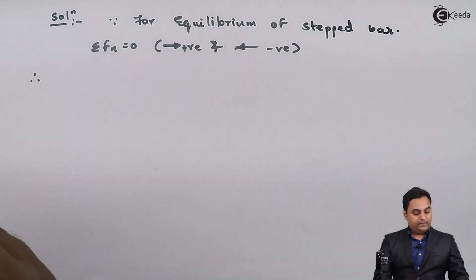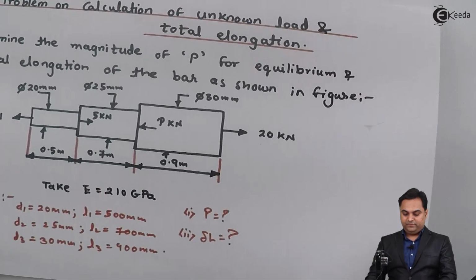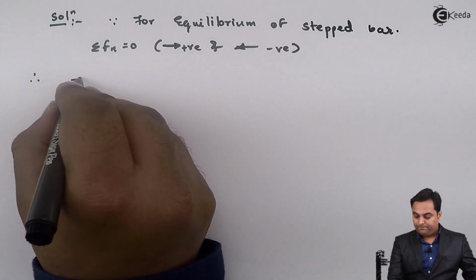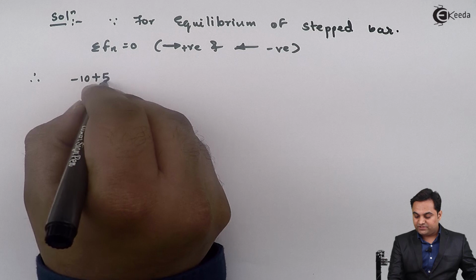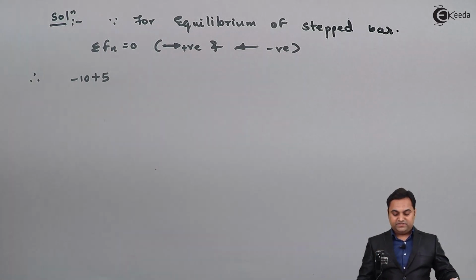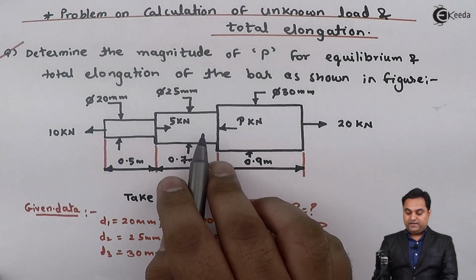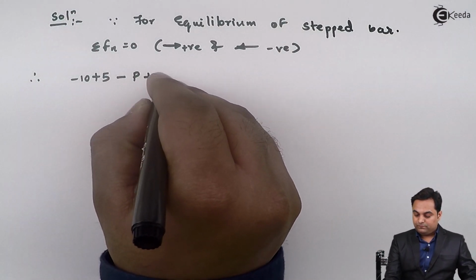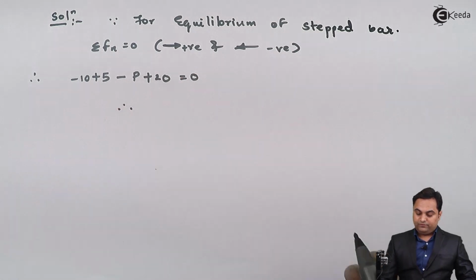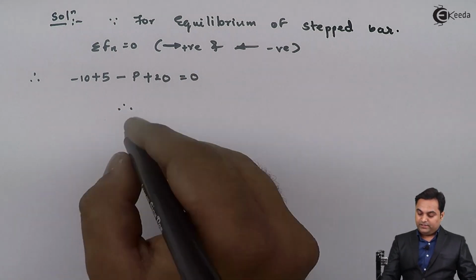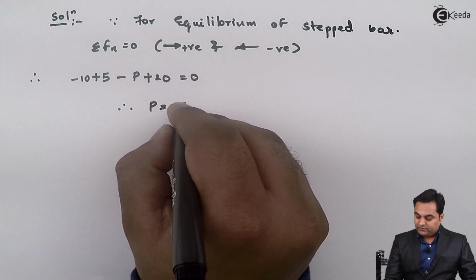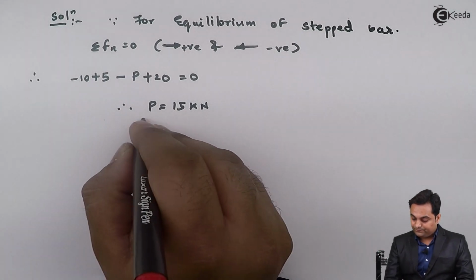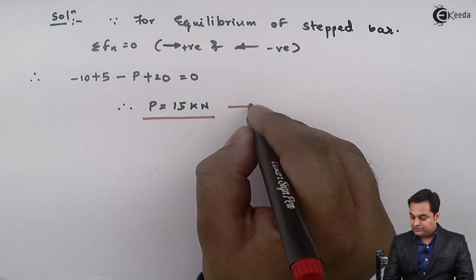So if we look into the diagram, here we have minus 10 plus 5, minus 10 because it is acting towards left, plus 5 since it is acting towards right, minus P and plus 20 is equal to 0. So from this, I'll be getting the value of P as 15 kilonewton. So this will be the first answer.